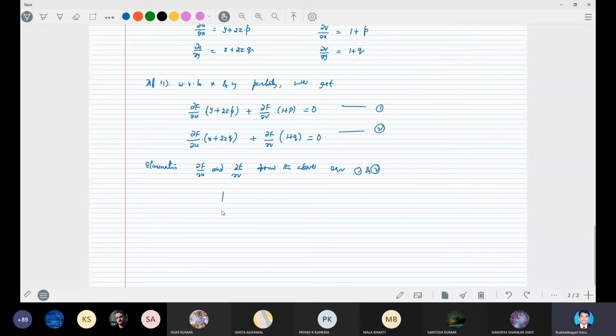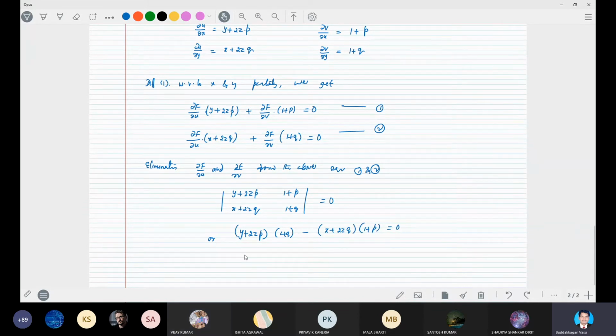So therefore it will be the determinant of y plus 2z p, 1 plus p, x plus 2z q, 1 plus q, equal to 0, or y plus 2zp into 1 plus q minus x plus 2zq into 1 plus p is equal to 0, right?